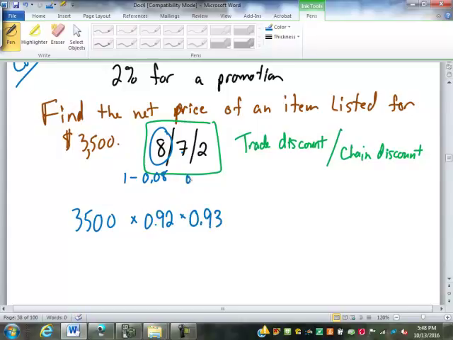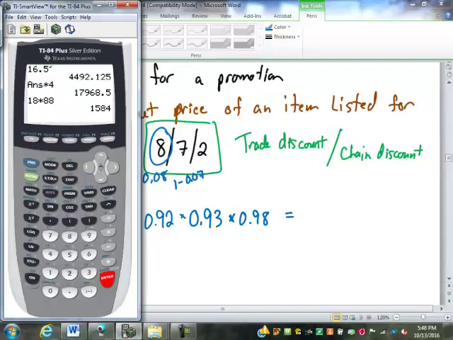Again, that's 0.07 subtracted from 1 is 0.93. Or you can think of it as 7% from 100 is 93%, and then move the decimal point. The 2 is going to be represented as 0.98. Good. Again, 1 minus 0.02, or 100 minus 2 is 98%. Move the decimal. So if we multiply this out, we can do 3,500 times 0.92 times 0.93 times 0.98. Gives us 2,934.71.